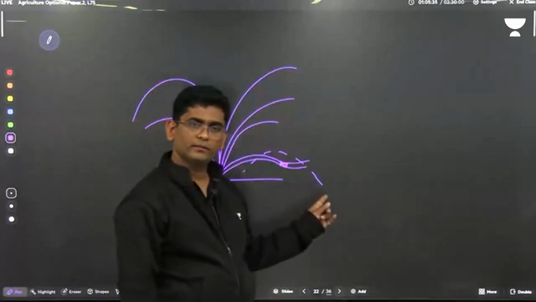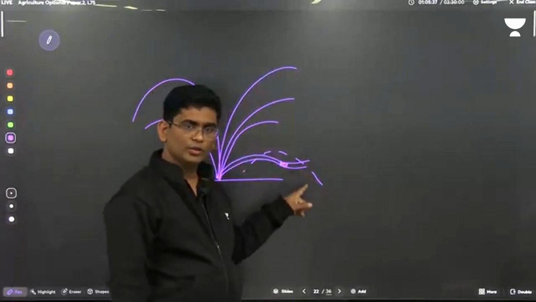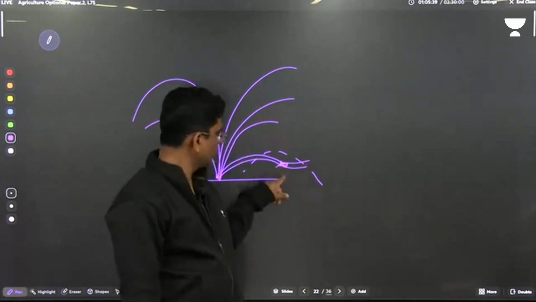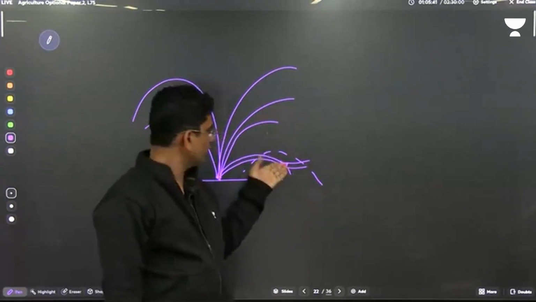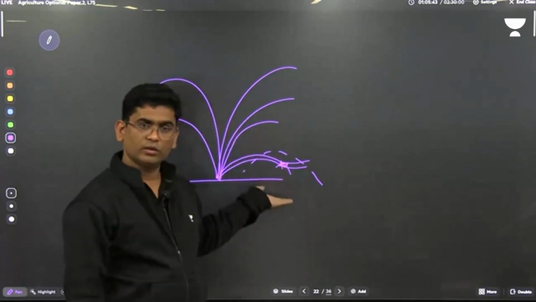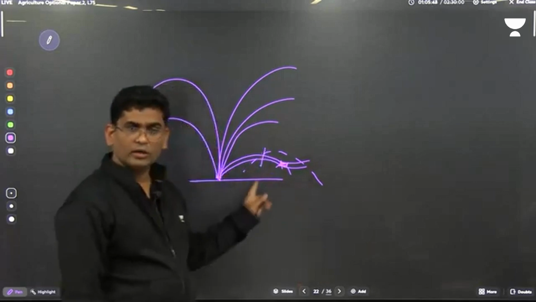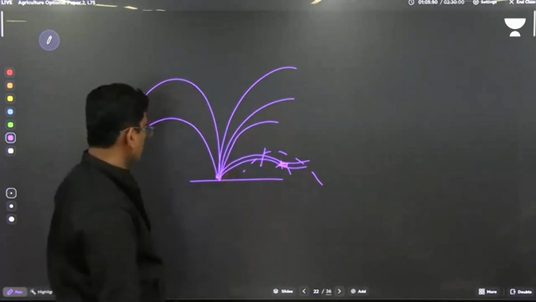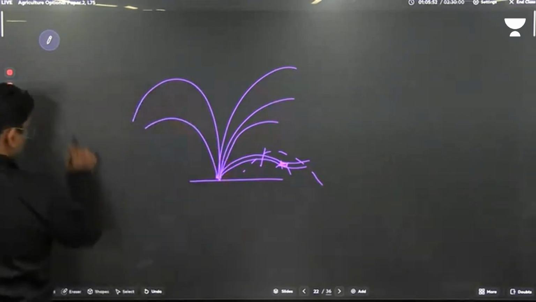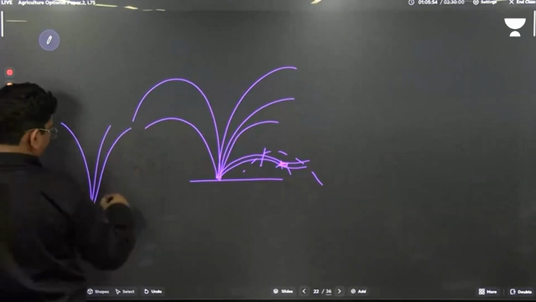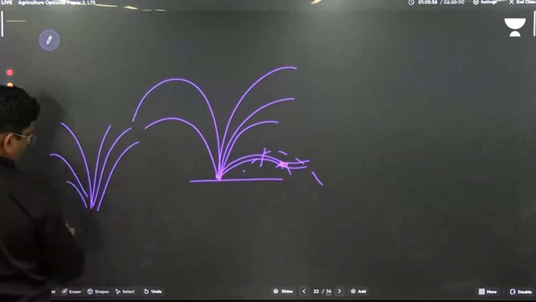What will happen after that? After burying into the moist soil, there will be roots. So after 1 month, we will remove this branch from the soil, then cut at this point and develop a new plant. This is called ground layering. And what is mound layering? Same like this. These are the 10 branches.